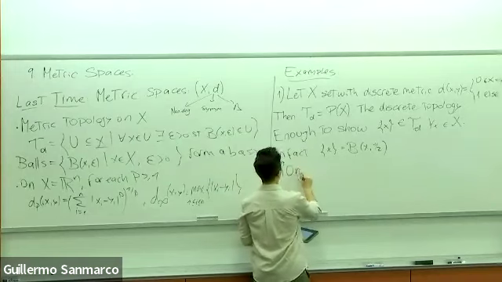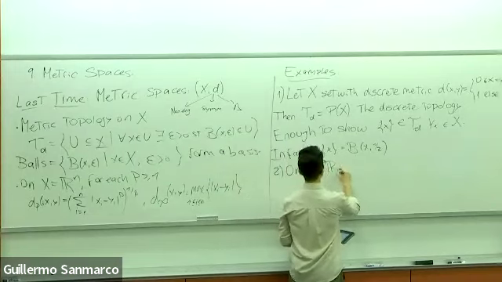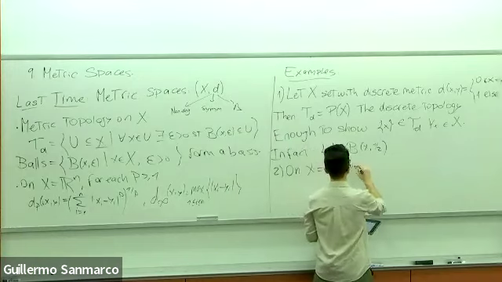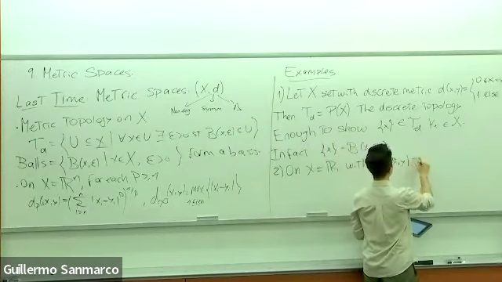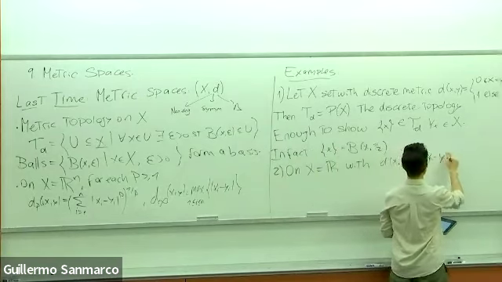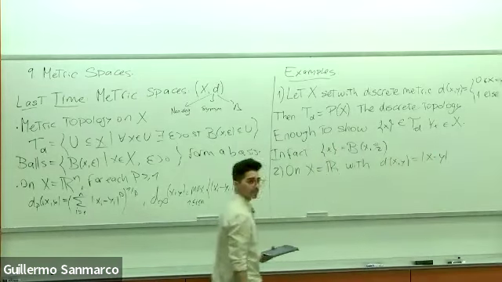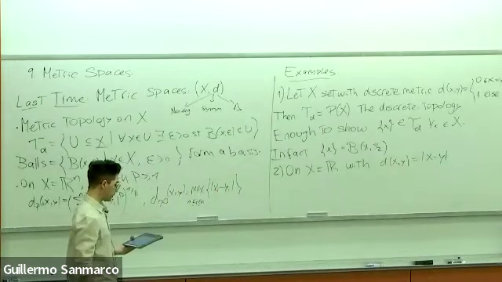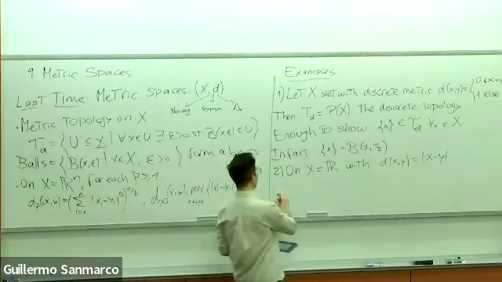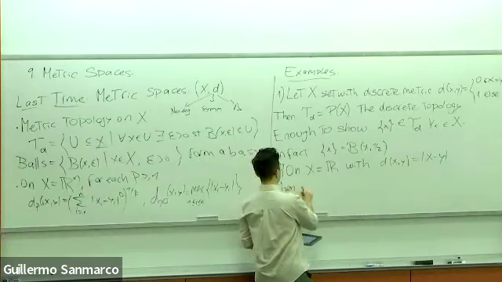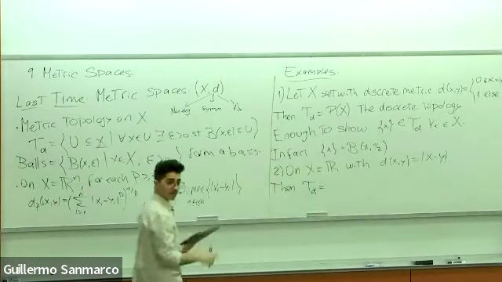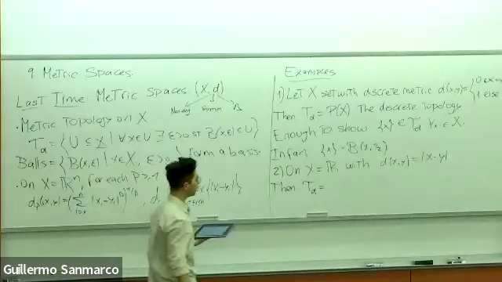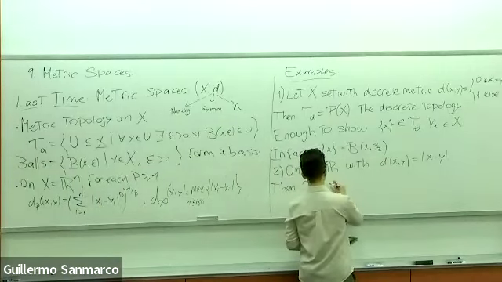Second example, on the set of the real numbers with a distance between two points given by the absolute value of the difference. In this case, the metric topology coincides by definition, following the observation from before, with the standard topology.